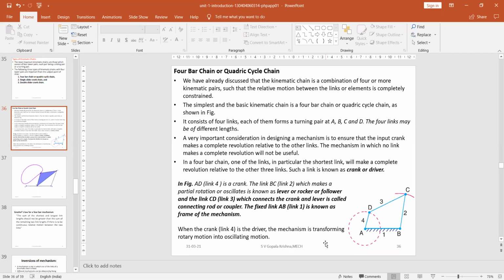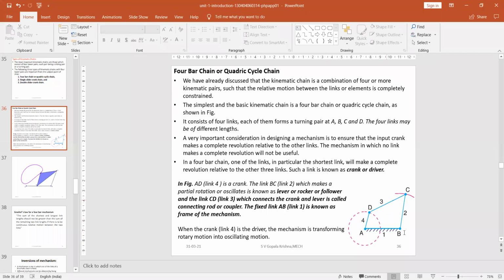Writing only these three things is enough for the particular mechanism. The first thing is how many links are there and which type, that means is it a fixed link or is it translating or rotating motion. And which link is turning motion, and how many pairs are there.